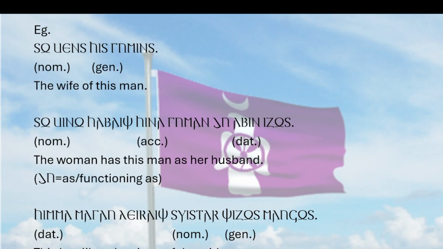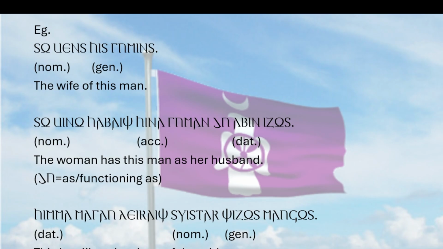Another example. The boy is in the dative case, because we have likan here. Swistar is in the nominative case. Swistar is the one which is doing the likan action. So the sister likes this boy.